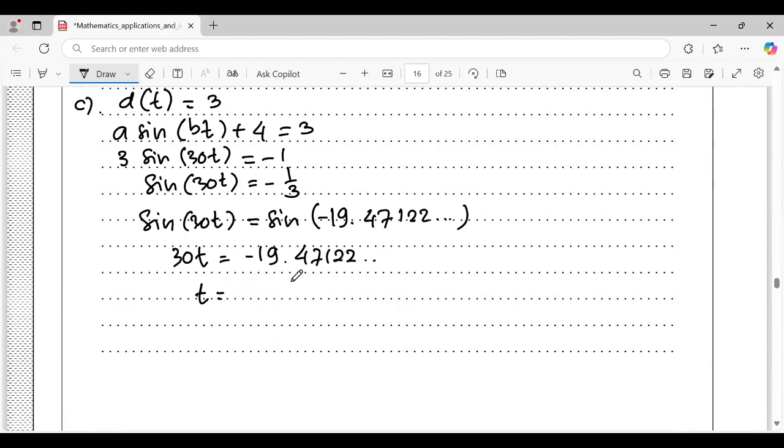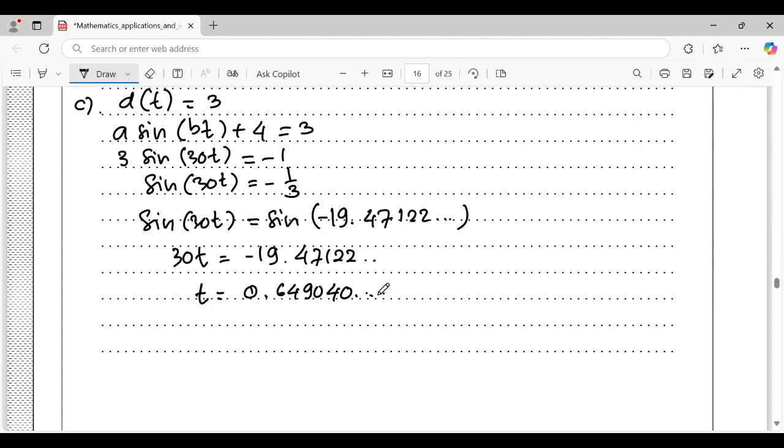Time cannot be negative. So if you divide this number by 30, the result is 0.649040. It is supposed to be minus, but time cannot be negative, so I will not write minus here; it becomes positive.